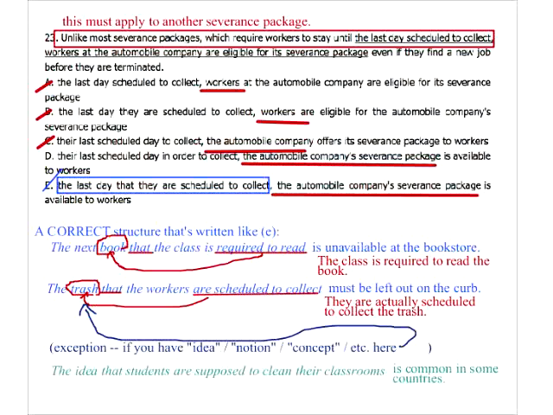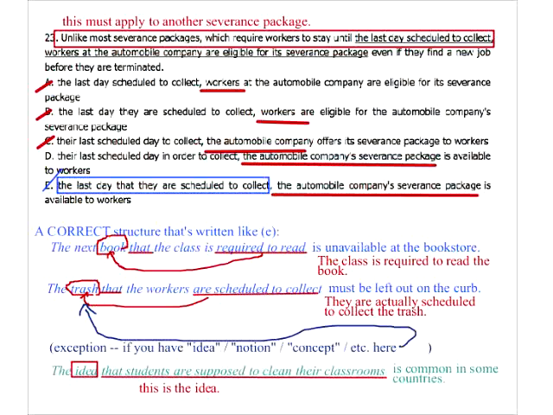So if this word is idea or notion or something like that, then people are not cleaning an idea. This is different. If you have this kind of word, like an idea or a notion or a concept, then this is the idea.